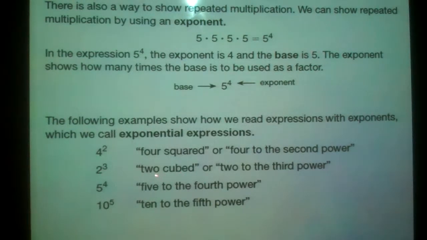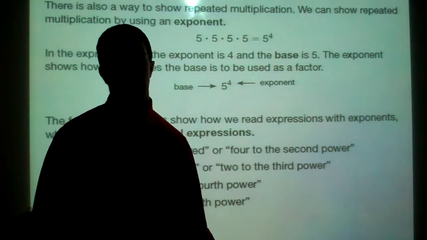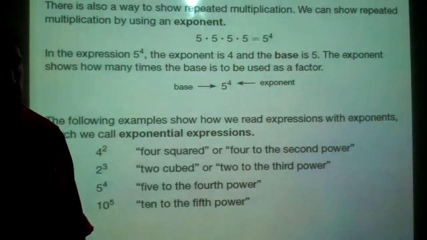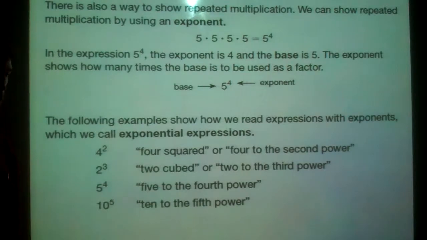Anything to the 3rd you can say is cubed, so this would be 2 cubed, or 2 to the 3rd. And anything 4 or above, we just use the number with the th. So 5 to the 4th power, 10 to the 5th power, 7 to the 18th power. So there we'll just use th afterwards. 2 and 3 have special ones, squared and cubed.